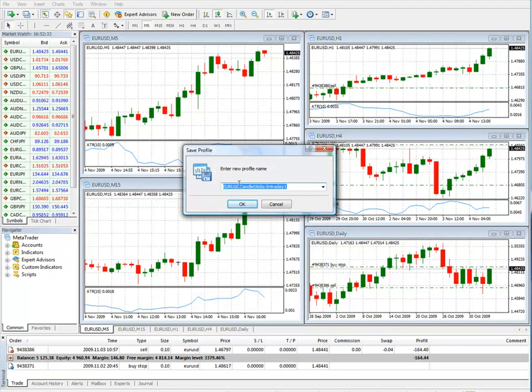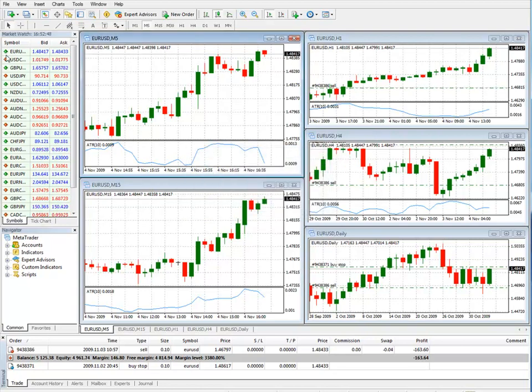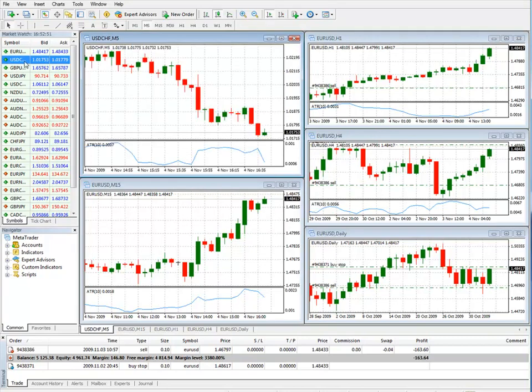You can pop this up here, but we don't want that name. We actually want USD CHF. So we're interested in the dollar Swiss franc.